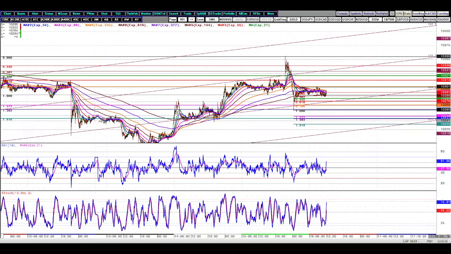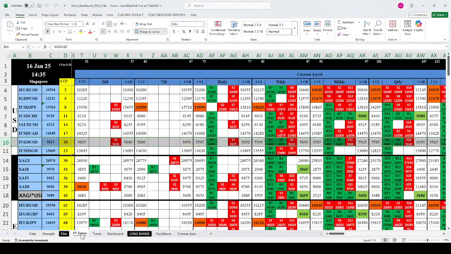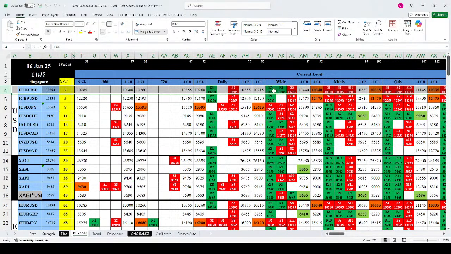Now let's go back into the system. Let's see on the system itself. When we look into the euro dollar on the 6 hours, 12 hours, this is a mixed signal. Weekly we are seeing some strength with a strong sell. Monthly is a mega sell, and quarterly is also a mega sell.